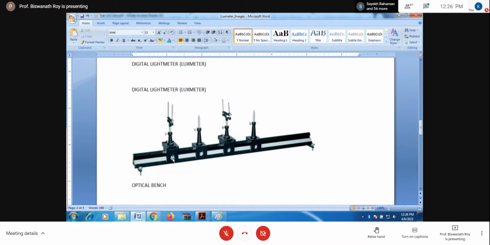Say for example, from here you can get one reading, right? And from here you can get the reading. If you want to get the distance between the two, you just subtract this value from this value. If it is 0, if it is higher end, suppose 200 centimeter, then this is the increasing direction of the value. So just the difference between the two gives you the distance between the two optical mounts.